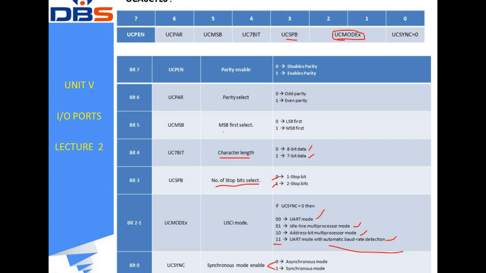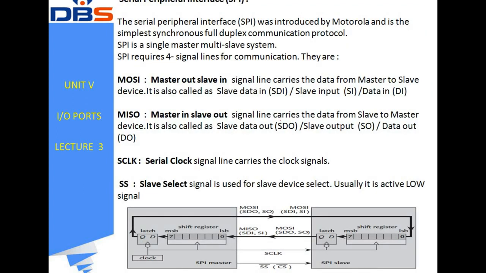Which one is first, MSB or LSB? If it is 0, LSB is transmitted first. If it is 1, MSB is transmitted first. Based on the parity bit, 0 means odd parity, 1 means even parity. Bit 7 is parity enable. If it is 0, parity is disabled. If it is 1, parity is enabled.